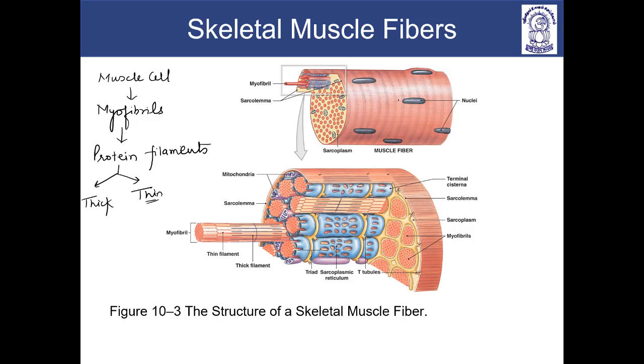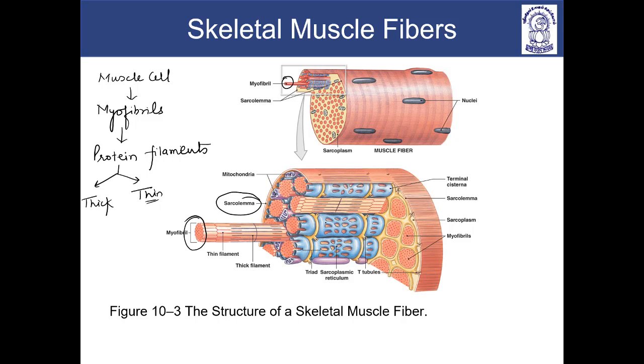You can see the striations, nuclei. This is one myofibril. The sarcolemma is outside. These are the myofibrils. So here you can see the thin filaments and the thick filaments.